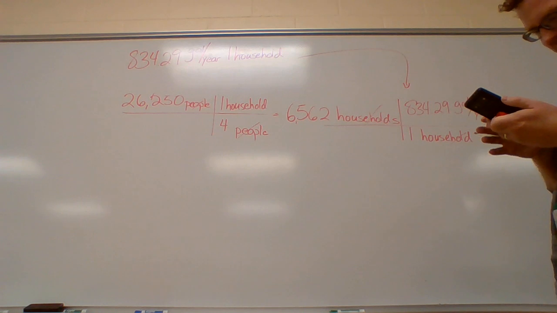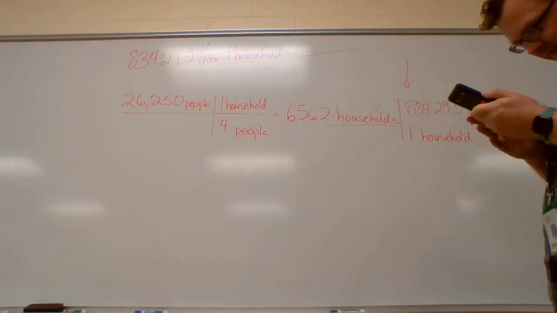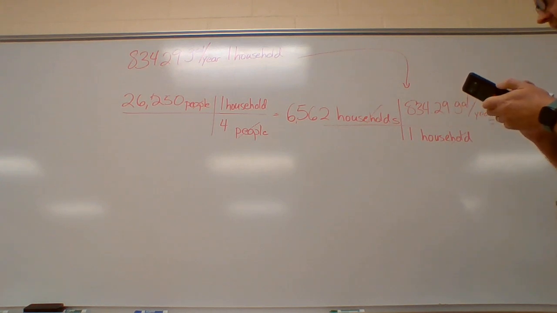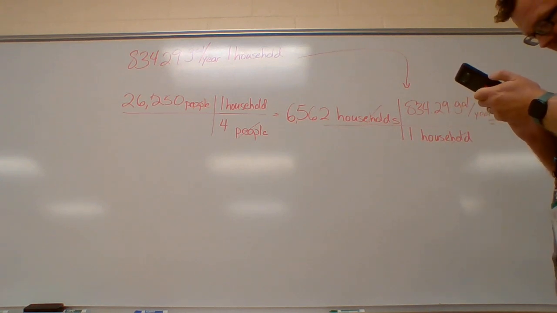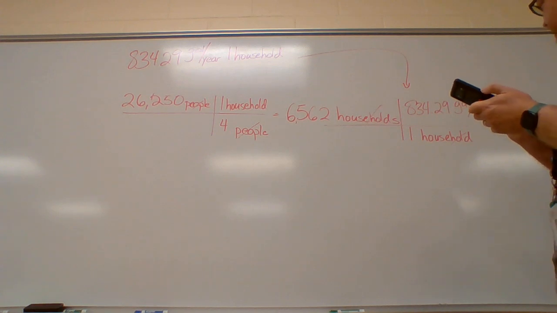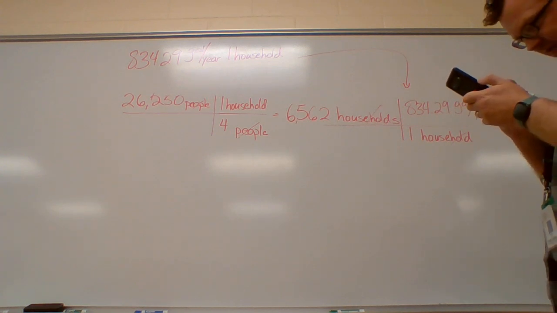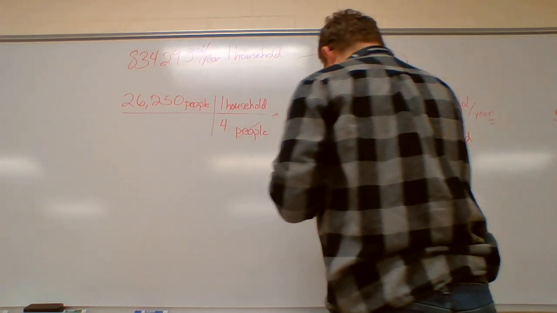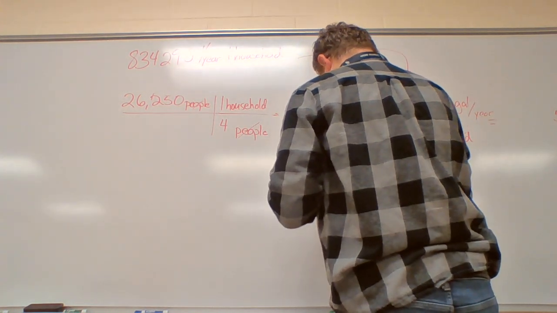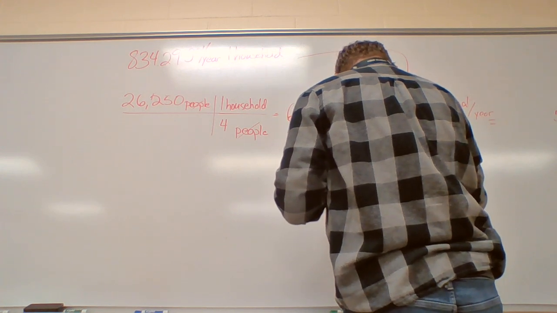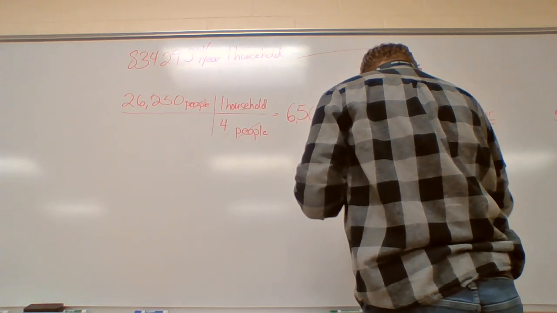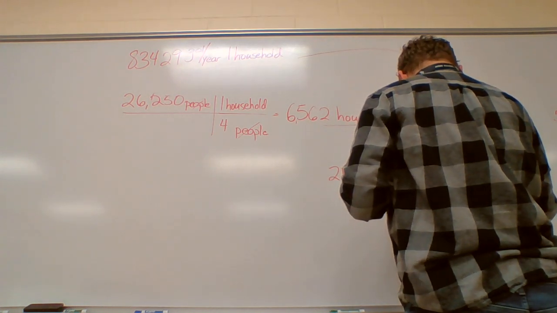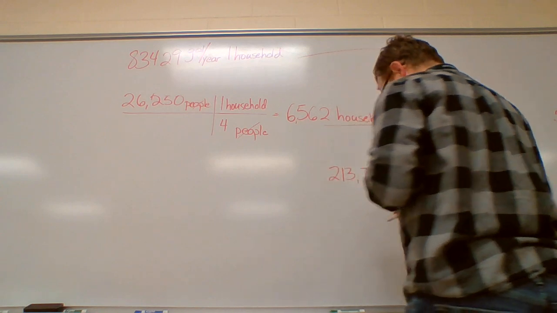And that number is 6,562 times 834.29, and that total number is 213,745,098 gallons per year wasted in the community.